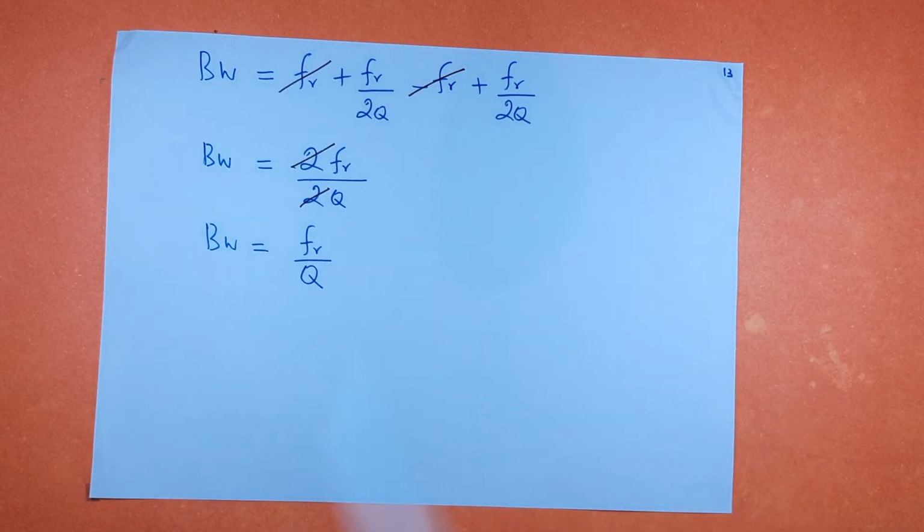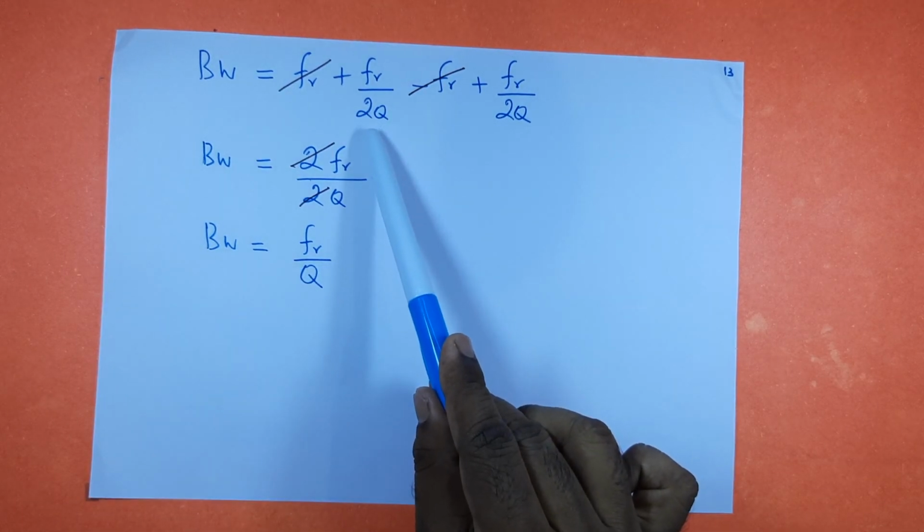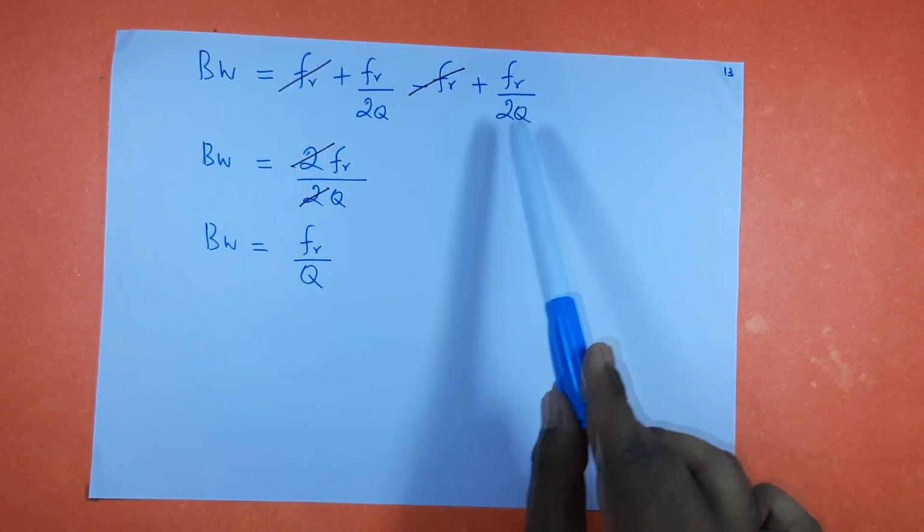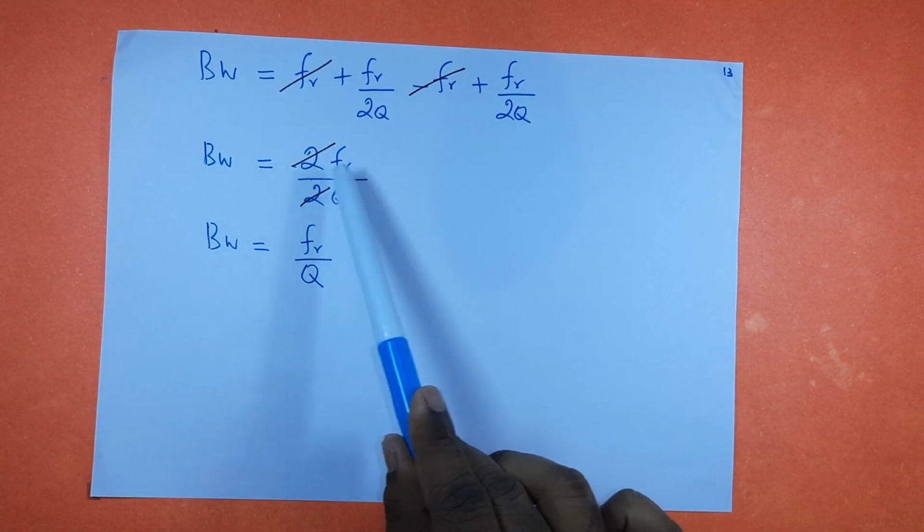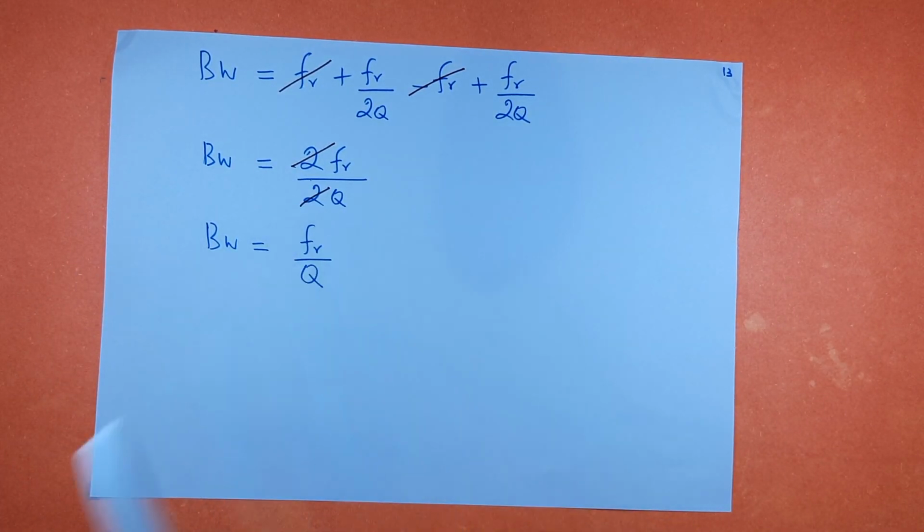So plus fr minus fr gets cancelled. This is fr by 2Q plus fr by 2Q. Bandwidth equal to 2fr by 2Q. Now this 2 and 2 also get cancelled. So we get bandwidth equal to fr by Q. This is the expression for bandwidth in a single tuned circuit.